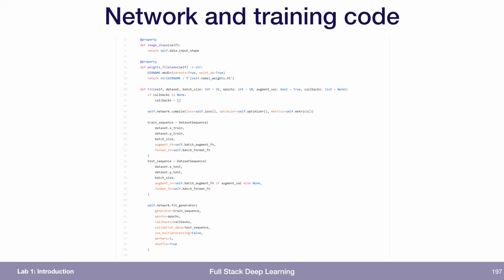And then it's converting our data set into a data set sequence, which is the way that Keras likes to ingest data. And then we're calling the fit generator function of the network. That's actually what's running the neural network optimization.